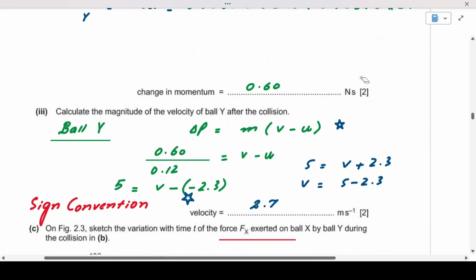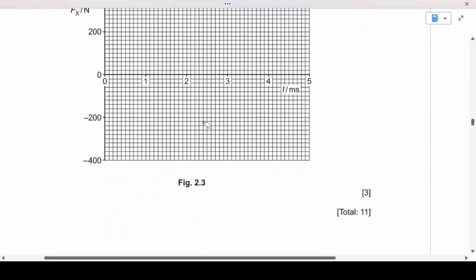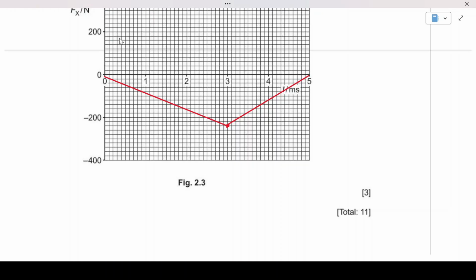So 240 at 3. So this one is 200, 220, 240. So a straight line up till here, and then exactly the flipped image, because the force Fy is equal to the force Fx in magnitude but opposite in direction.